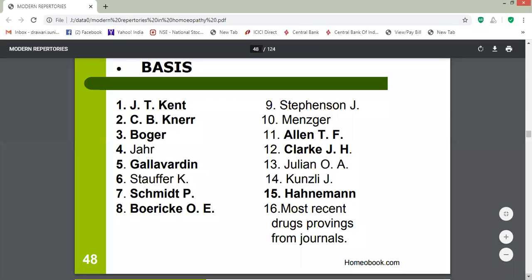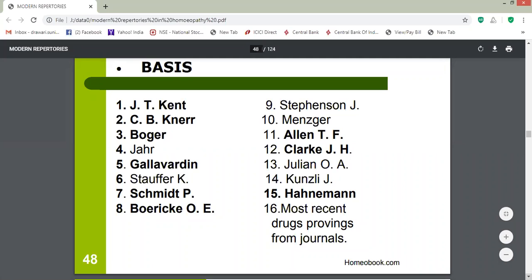Then Dr. Mezger's work and some of his provings, as well as Jessie's literature, from which the authors selected some important points.